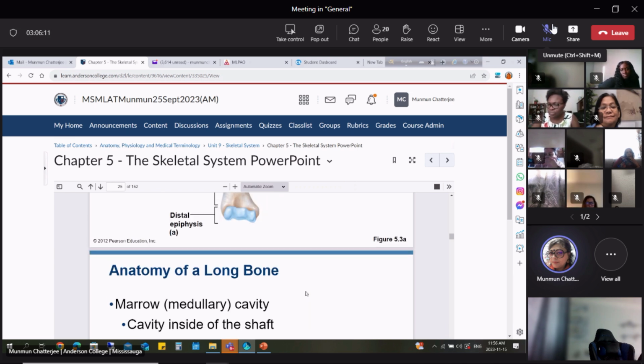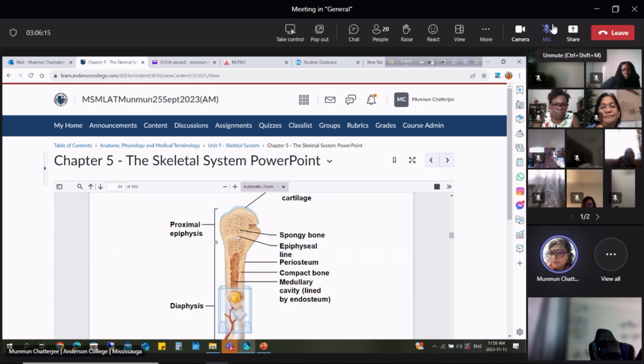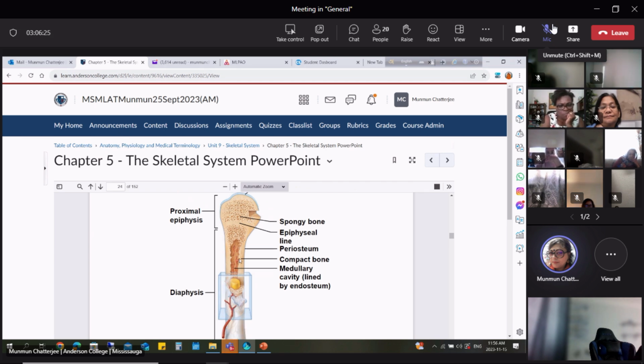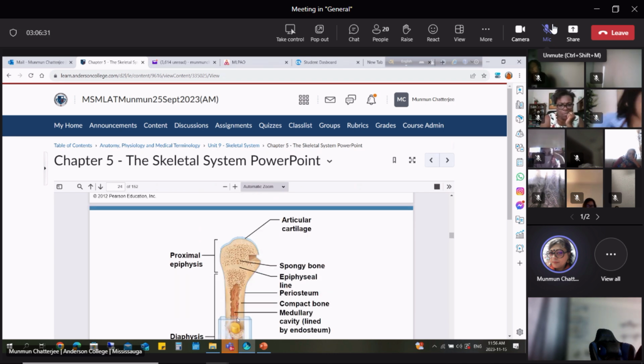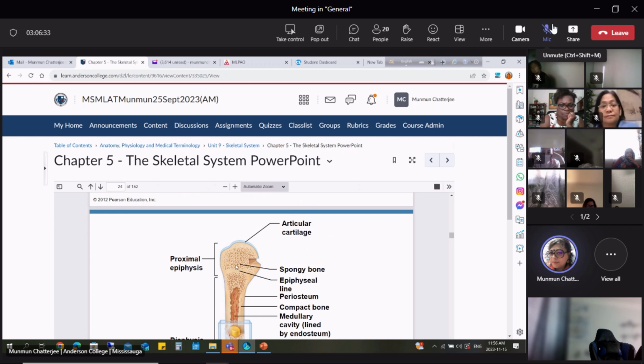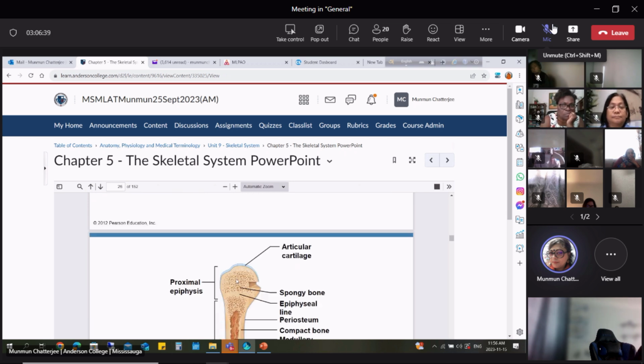Here, this area, the spongy bone, and some epiphyseal areas. Only near these areas, not in the full bone. In infants, the full shaft is filled with red bone marrow for blood cell formation. In the adult, it is only in the spongy bones and some epiphyseal areas. Okay.